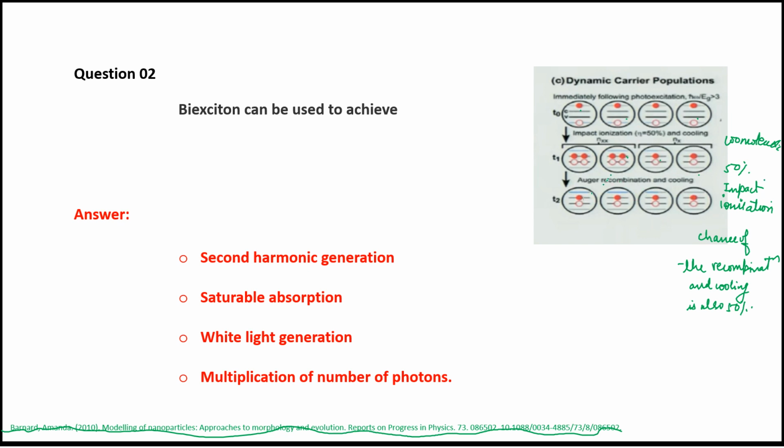Now, why are we studying this whole thing? Because when this process of bi-exciton generation happens, from a single photon only one exciton is generated, which leads to the formation of two excitons. So this is just twice, which does not happen in a normal case.